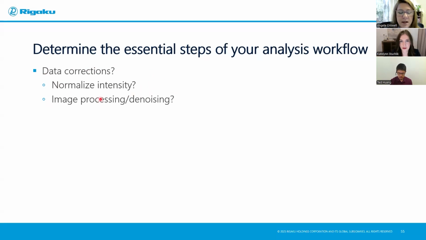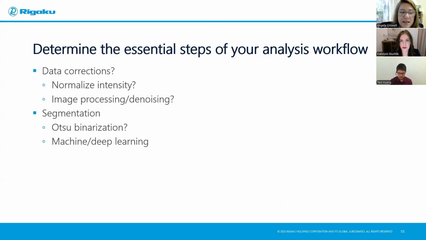Are there some important image processing steps that you want to do? The next step, of course, will be segmentation. Determine exactly how you're going to do that. Ideally, in a two-phase, Otsu binarization is the easiest, and sometimes in multiple phases if you get good contrast between them. You might also use tools like machine learning or deep learning, and you can automate that as well.